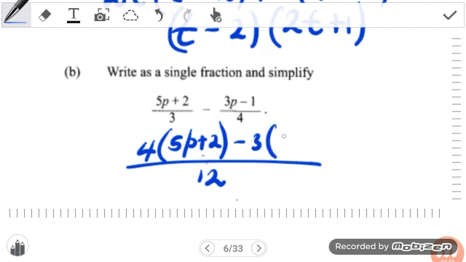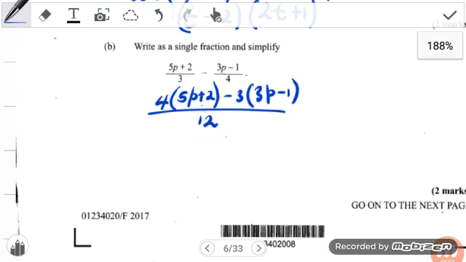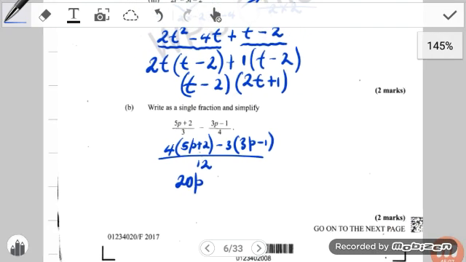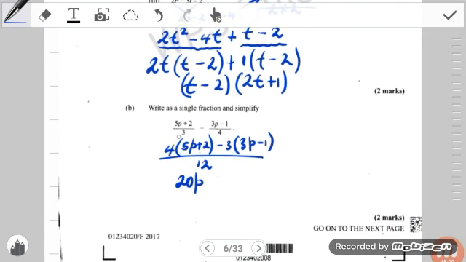Now we're going to be distributing the number 4 and the number 3 through the brackets here. So 4 multiplied by 5p gives me 20p, and 4 multiplied by 2 is going to give me a positive 8.